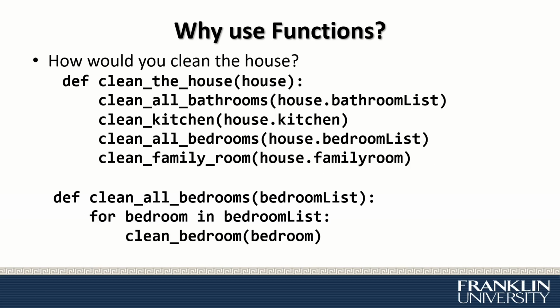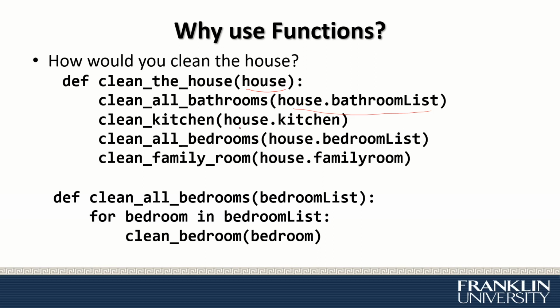So if I ask you, how would you clean the house? Well, you can define a function, say clean_house, and in this hypothetical example, you can pass in the house object. To clean the house, you will clean all the bathrooms, so I pass in the bathroom list. I could clean the kitchen.